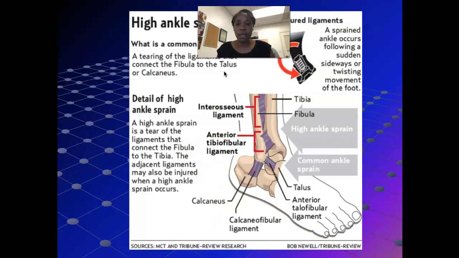Okay. And so I really like this slide because to me, it allows you to see what the differences are between a high ankle sprain and a lateral ankle sprain, and really a medial ankle sprain. So let's look at this. If we're thinking high ankle sprain, right, the pain is going to be located here, and the injured party is the anterior tibiofibular ligament, right?